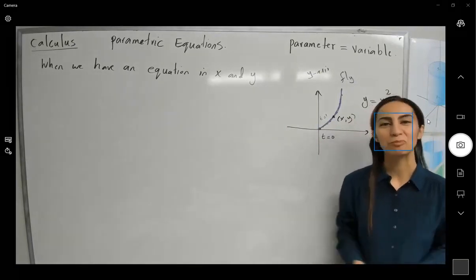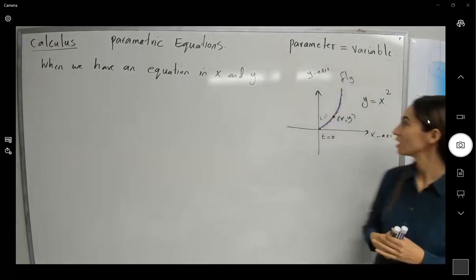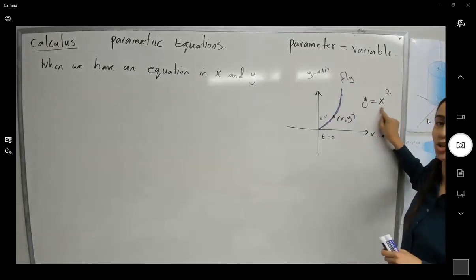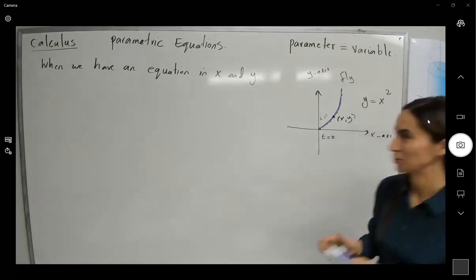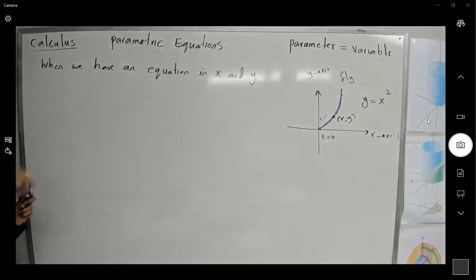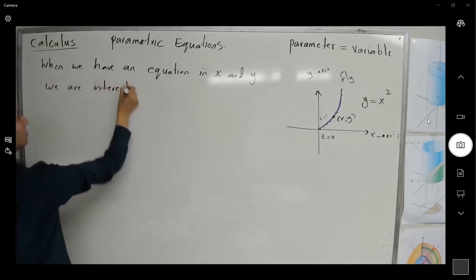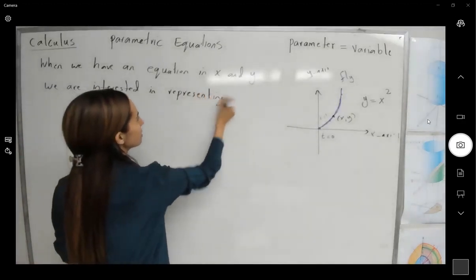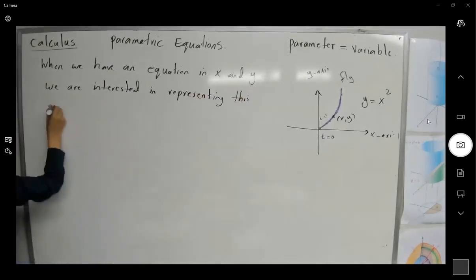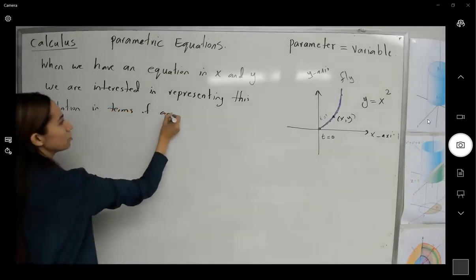This new variable, t, is your parameter. Rewriting the equation in terms of t gives you a parametric equation. So when we have an equation in x and y, we are interested in representing this relation in terms of another variable.